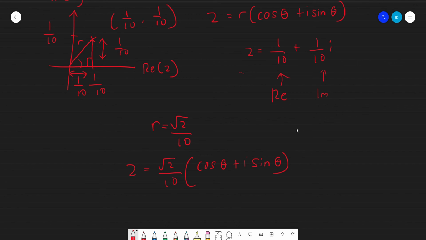So how do we find theta? There are a lot of ways to find theta. You can use cosine, sine, or tangent. But for this kind of question, we already have our opposite and our side values. Therefore, we can use tangent.